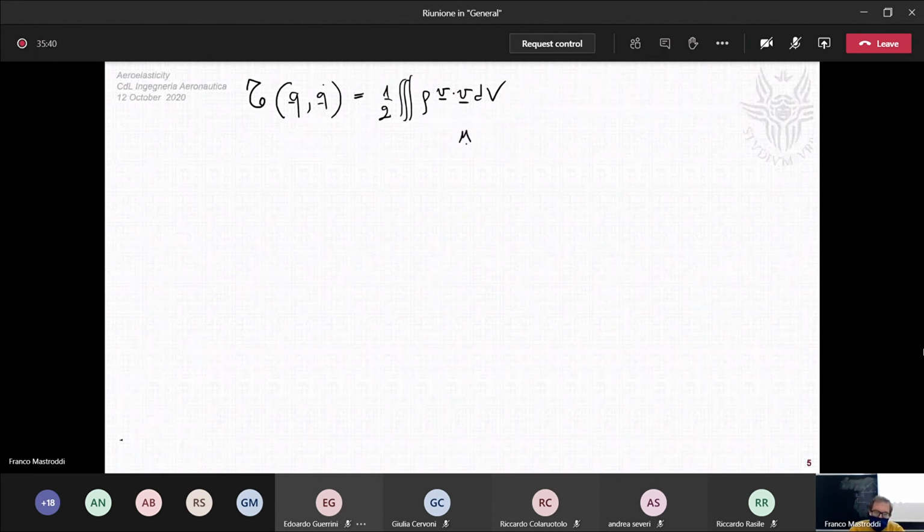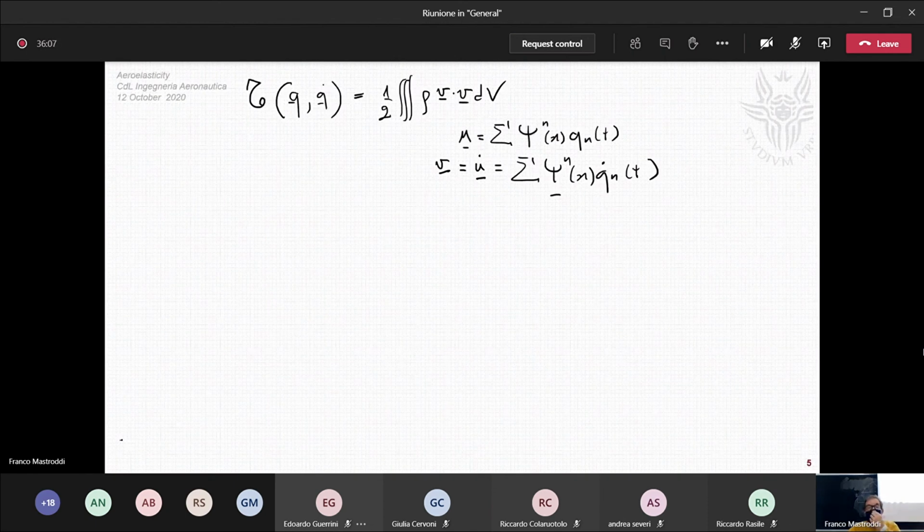I know that u is, with my position, equal to the summation of psi n q n, and therefore u dot, which means v, should be equal to psi n times q dot n.